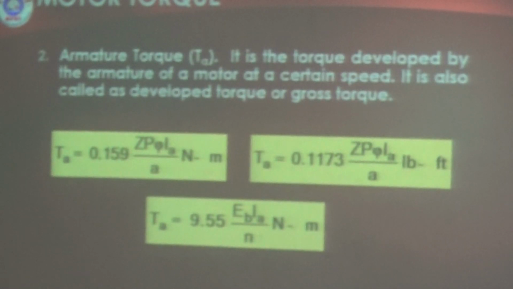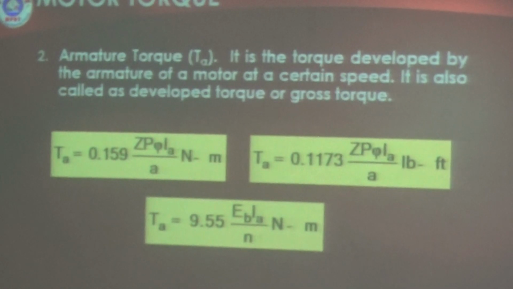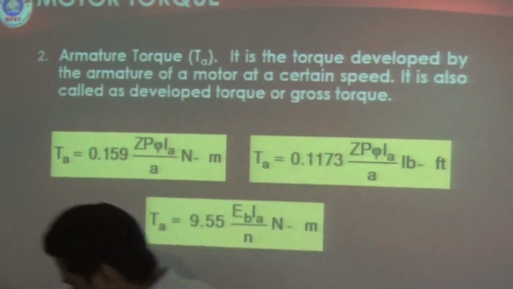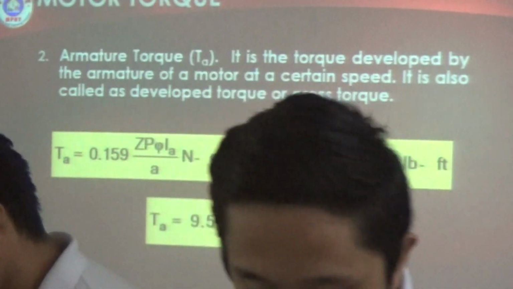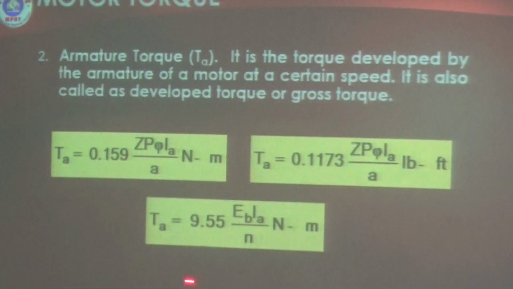So, armature torque or TA is the torque developed by the armature of a motor at a certain speed. It is also called as developed torque or the gross torque. So, formula for torque armature is 9.55 EB IA over N in Newton meter.